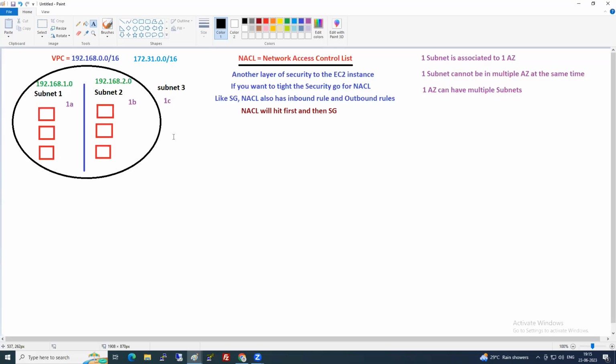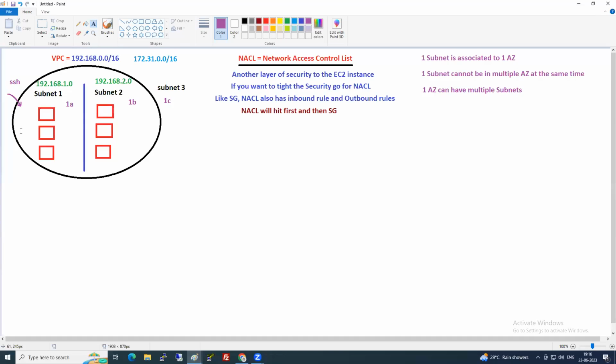a question for you. Think and answer. I have EC2 instances in subnet 1. I have so many EC2 instances in subnet 2. One bloody hacker started hacking your EC2 instance, which is in 1A. He's hacking on protocol SSH.